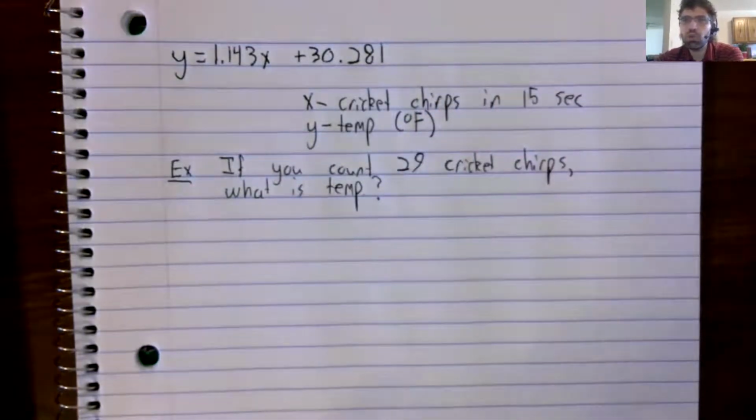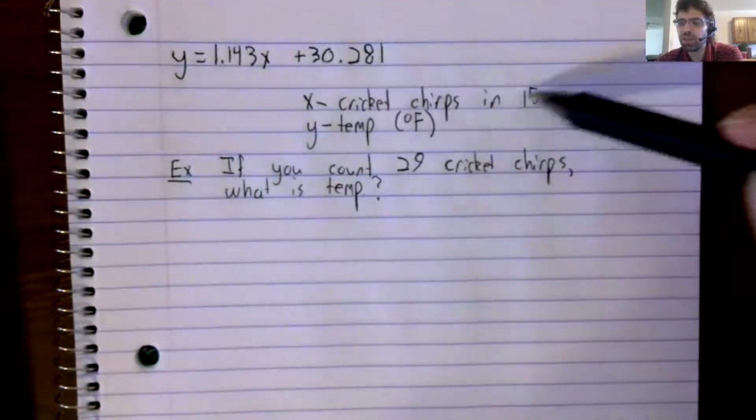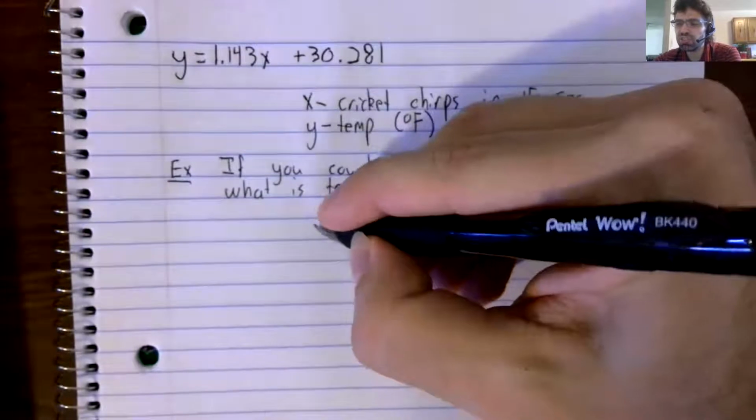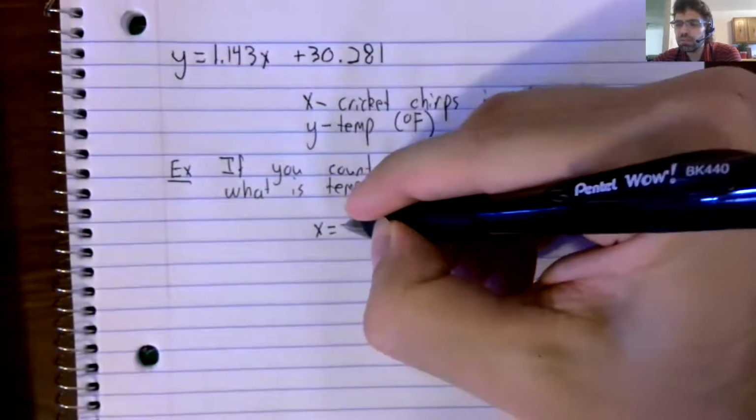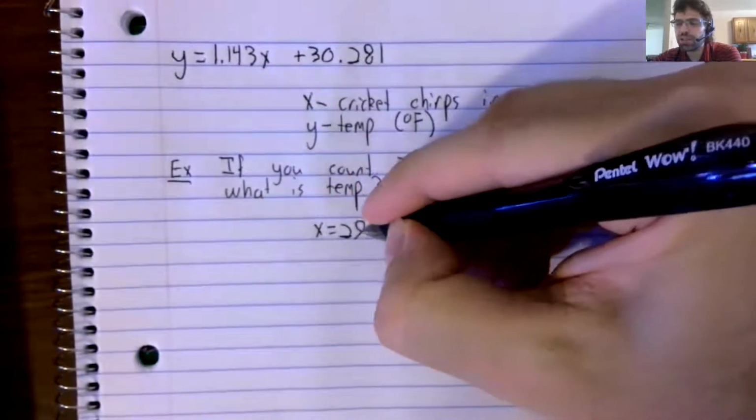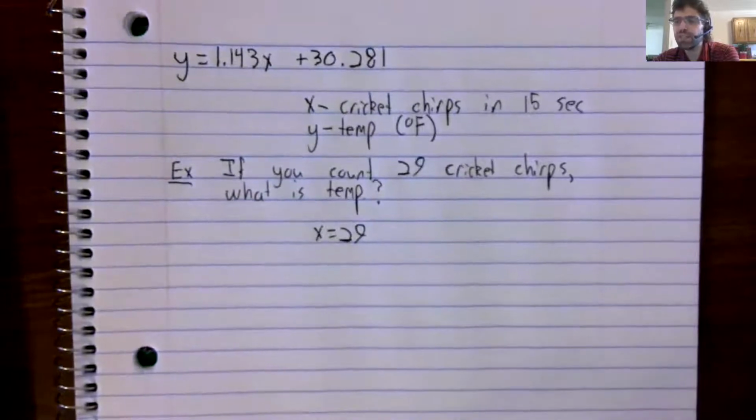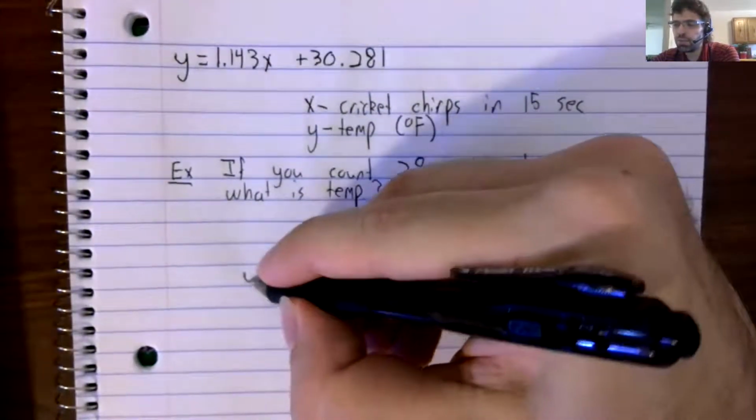So this is now plug and play. I mean, X is the number of cricket chirps. So X equals 29 here.